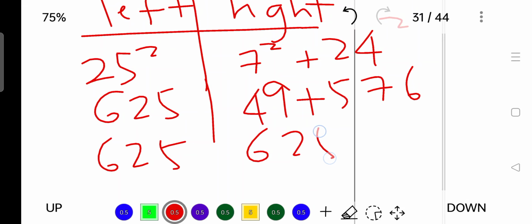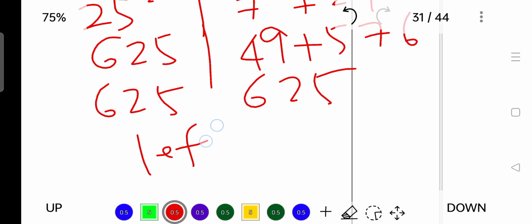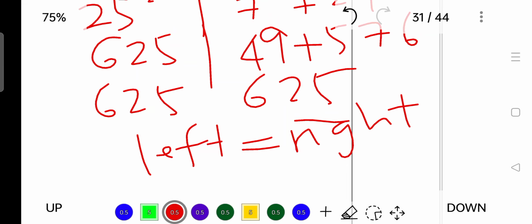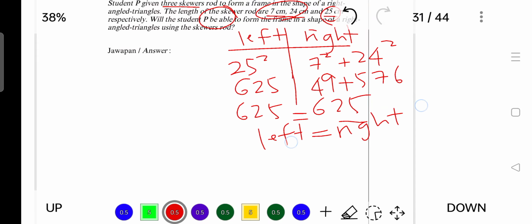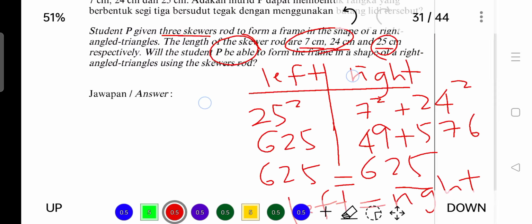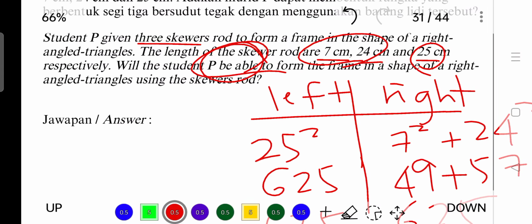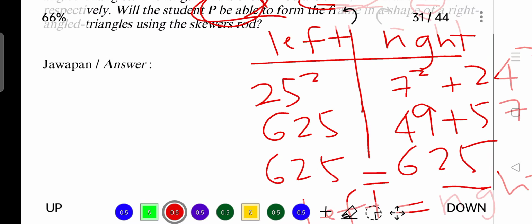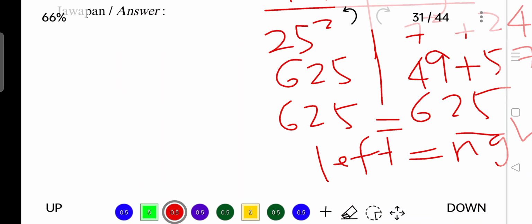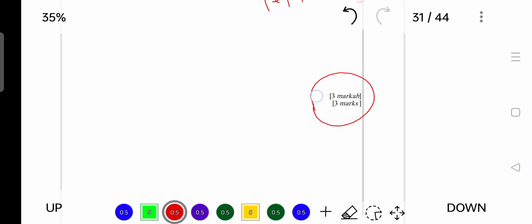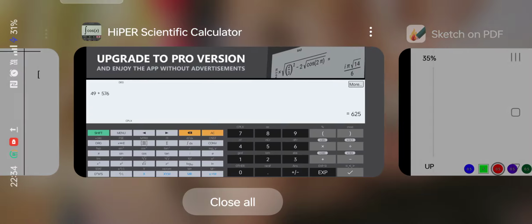So this shows my left hand side is equivalent to my right, or you can also write 625 is equal to 625. Thus the student will be able to form the frame in the shape of a right angle triangle using the rods. I can get 3 marks. How is the division of marks?